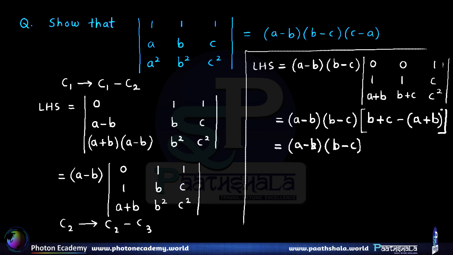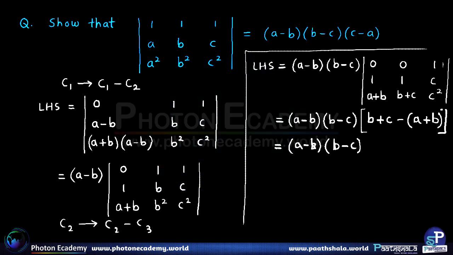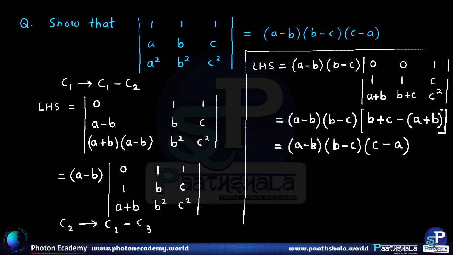Alright, so therefore finally we get in the last bracket C minus A. So in this way we use once again properties to factorize the given determinant on the go rather than actually evaluating it to the final value.